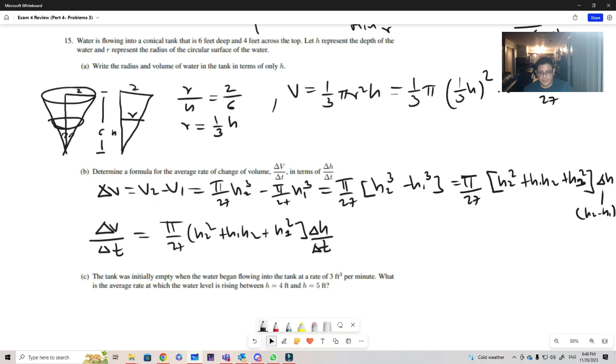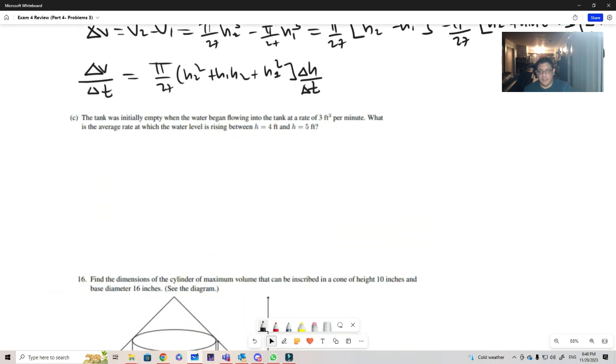Now at this point, for part C, we got information that the tank was initially empty when the water began flowing into the tank at 3 cubic feet per minute. Notice that this is cubic, so that means this is a measure of how much delta V over delta t is, because it's a measure of volume.